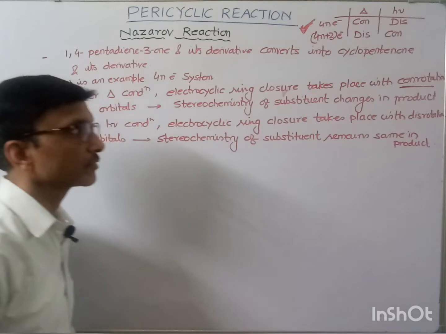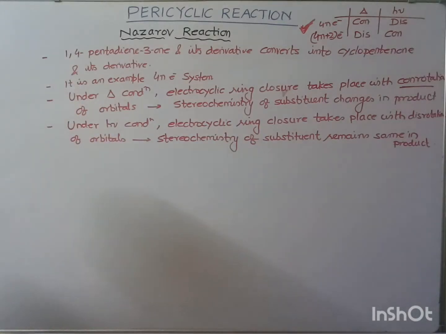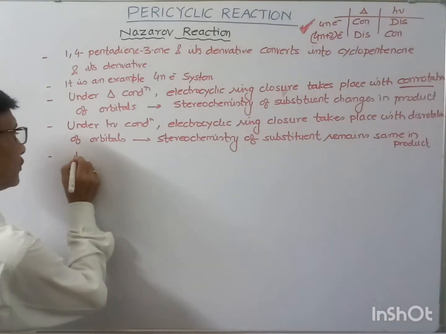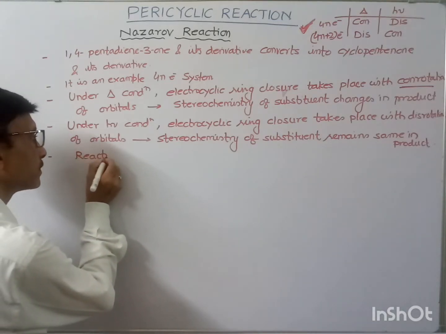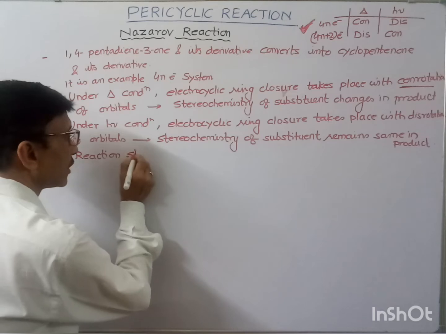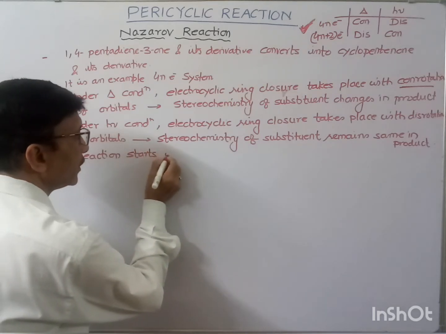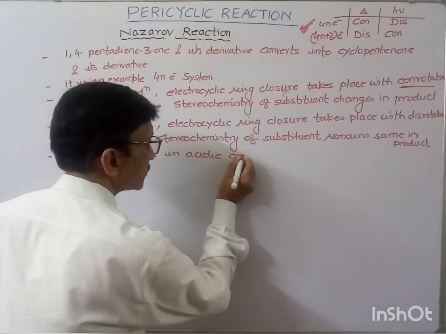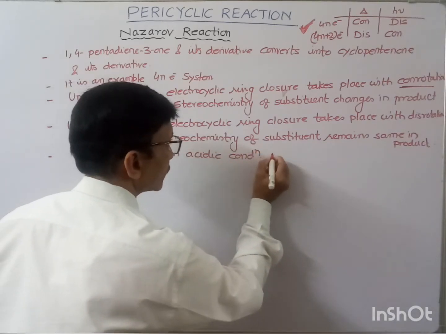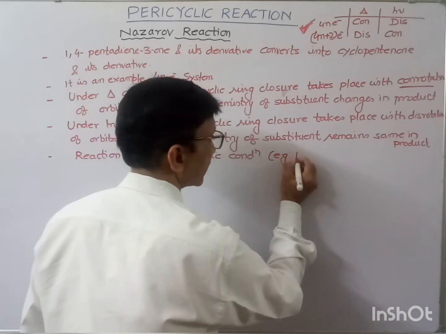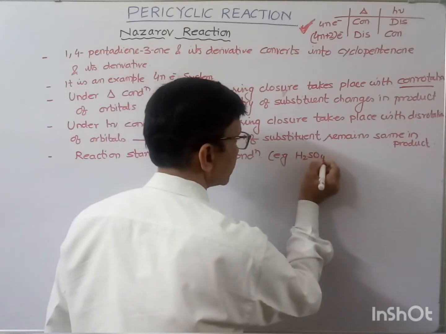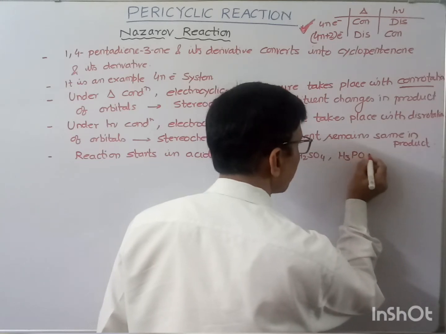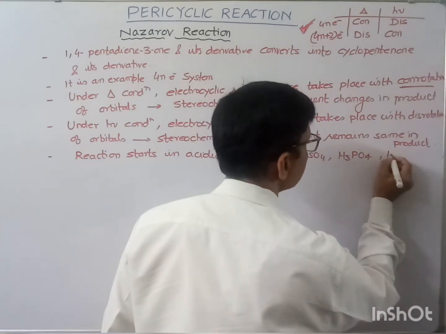Okay. So these are some points, and here the reaction starts in acidic medium. The reaction starts in acidic condition. For example, the reaction can take place in presence of sulfuric acid or phosphoric acid, or some Lewis acid.